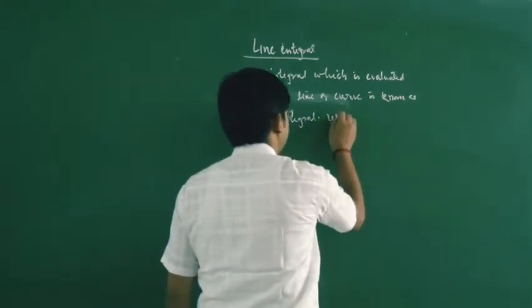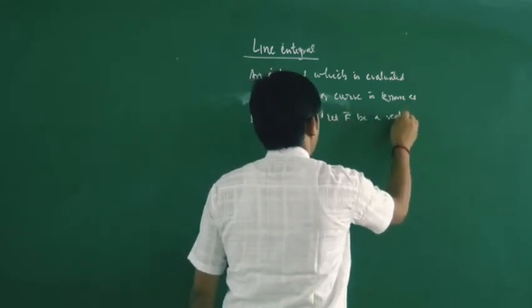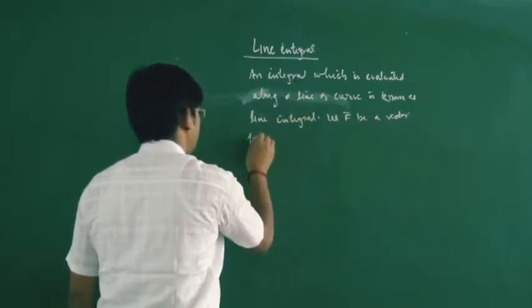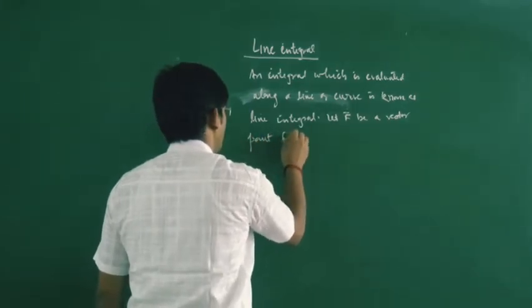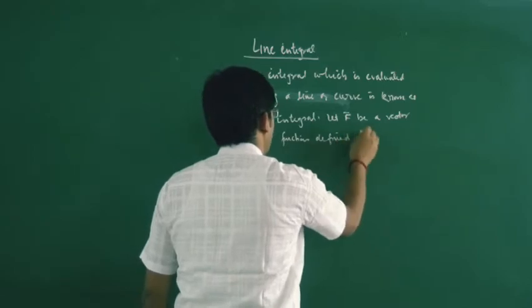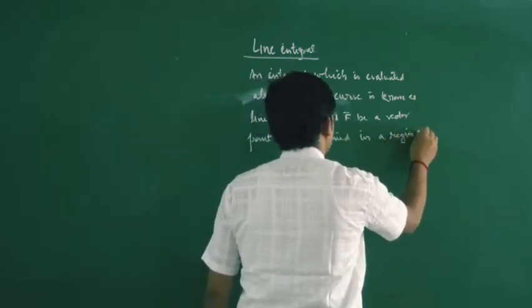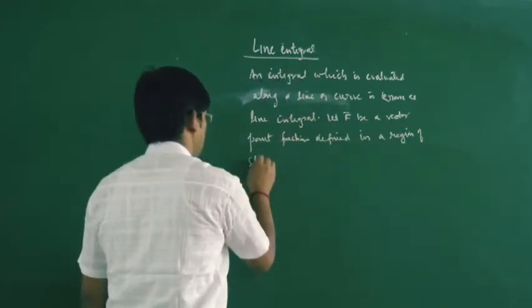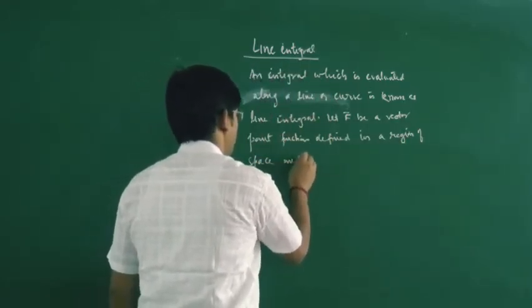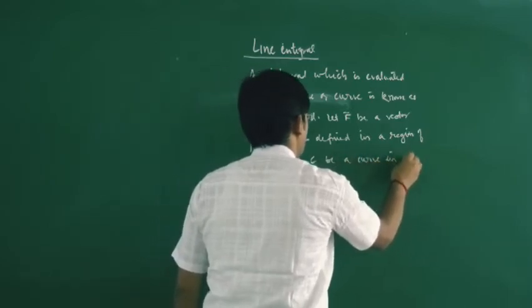Let f be a vector point function defined in a region of space and C be a curve in this region.